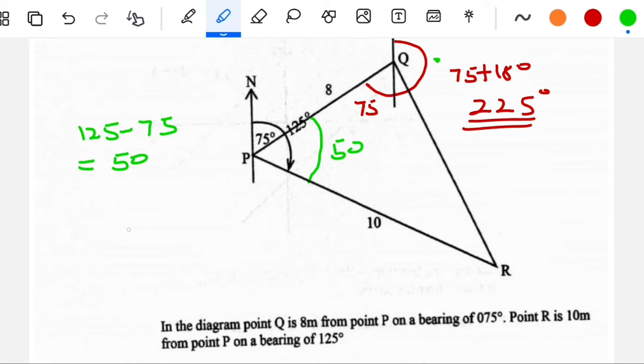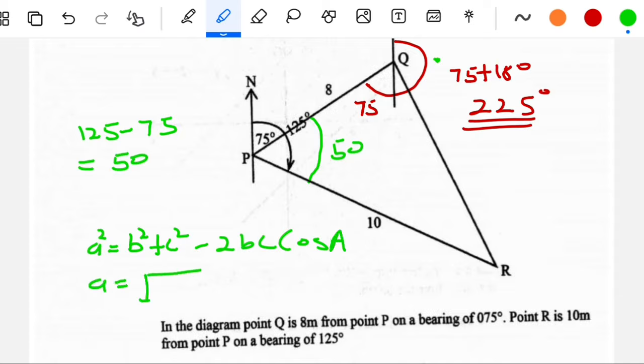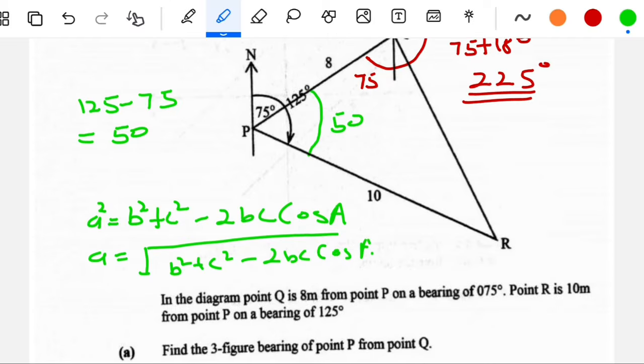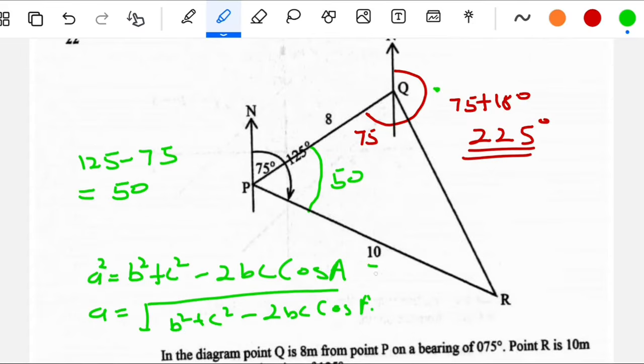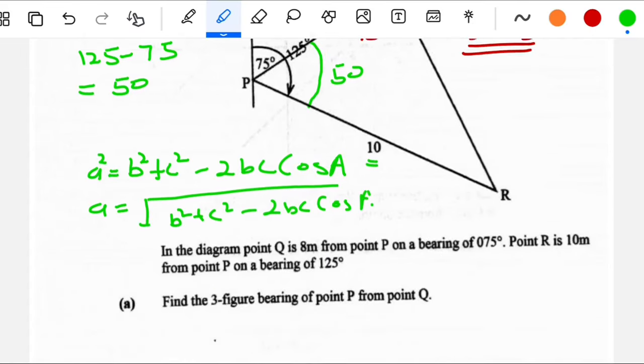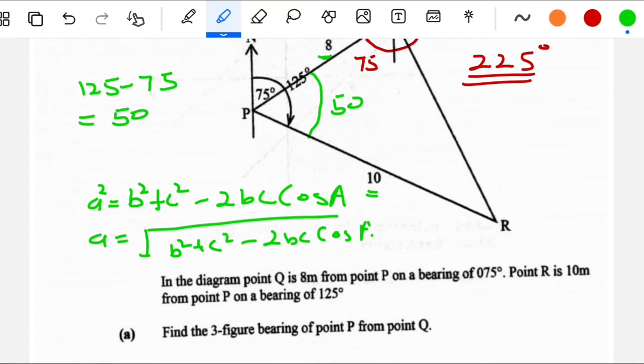Okay, so knowing that one, I can use my cosine rule, which says a squared equals b squared plus c squared minus 2bc cos A. So which means I can say the square root of b squared plus c squared minus 2bc cos A. Okay, so let's come here and say our QR equals the square root of, our b is 10 and our c is 8, then our angle is 50.